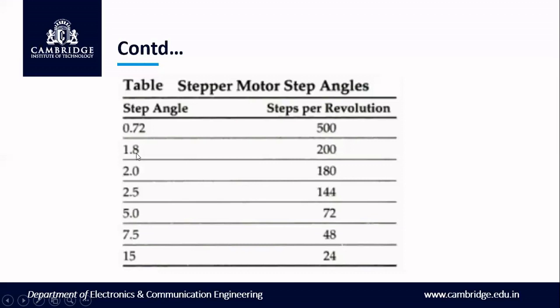If it is 2, it is 180; 2.5, it is 144. So if you have fewer teeth, the step angle will increase, and accordingly the steps per revolution will decrease. That we need to understand.